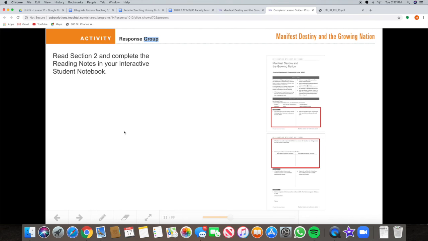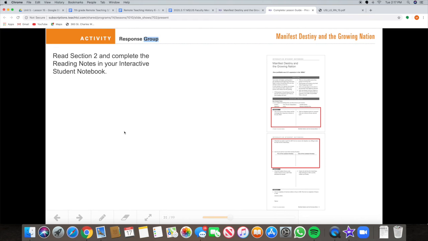Again, please write neatly. Once you're done, take a picture of it and attach it to Google Classroom. Please submit all of your work on Google Classroom from now on. Otherwise, my email inbox will be cluttered with so many responses that it will be hard to keep track of it.